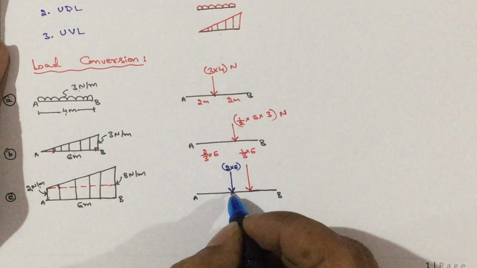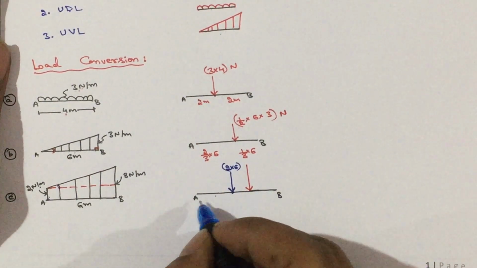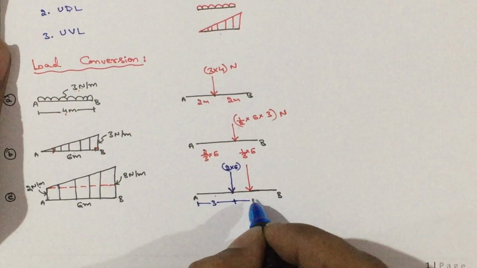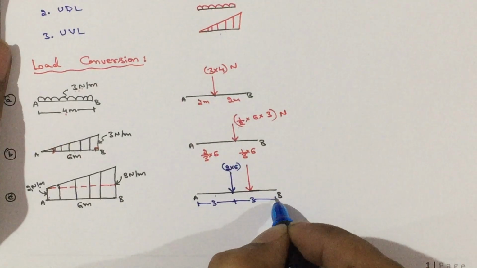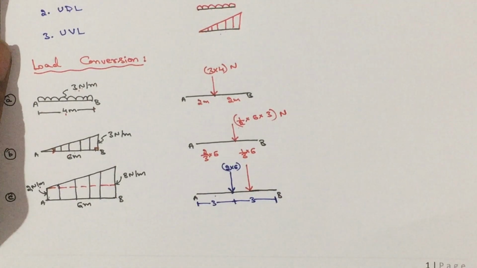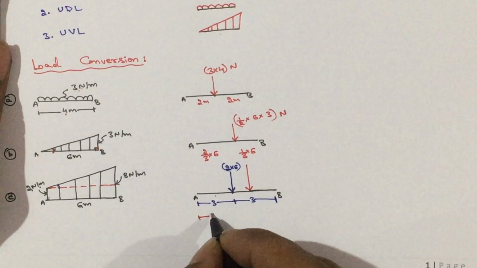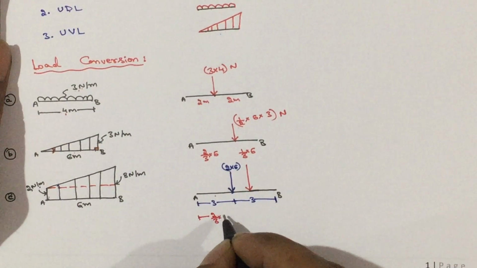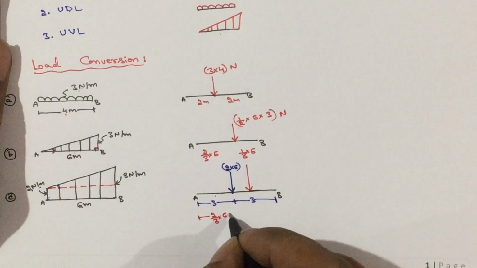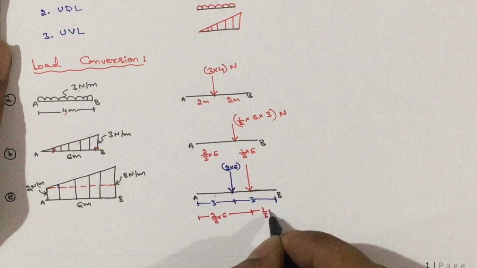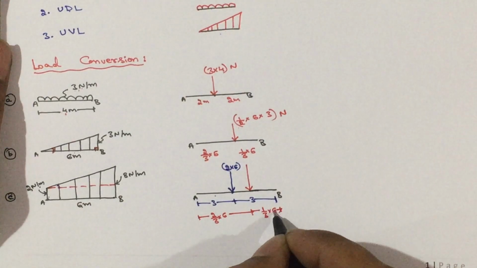Since the UDL is going to act at the center, it will become 3 meter, and again here it will become 3 meter. For UDL. Then if we come to the UVL, it will act at a distance of 2 by 3 into distance. From the acute angle 2 by 3 into 6. Then from here it will become 1 by 3 into 6.